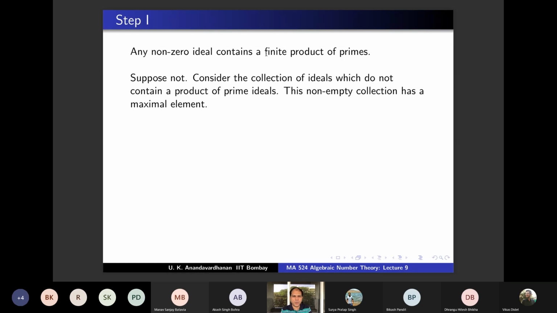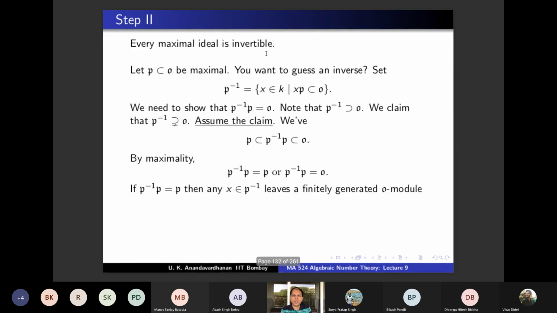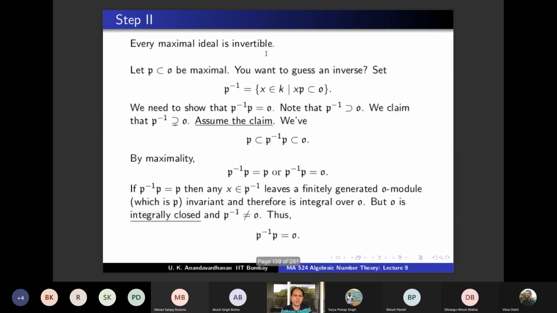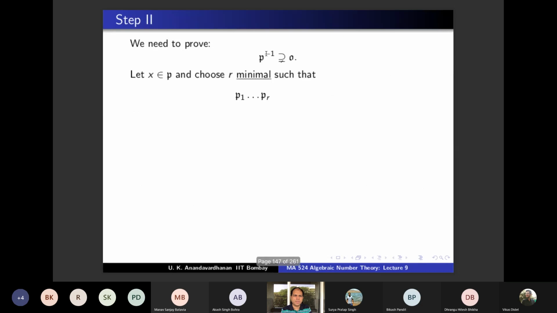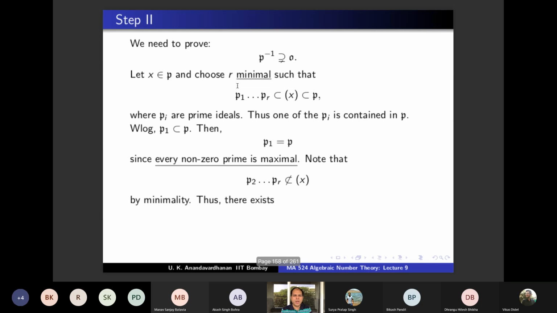Every ideal contains zero, so it is a product of non-zero primes. So among the non-zero primes, you have chosen r minimally. So Pi is non-zero is given. You know that this contains a product of non-zero primes. Among those ways of writing, you have chosen r minimally. So Pi is non-zero. And yeah, sorry, I went ahead.